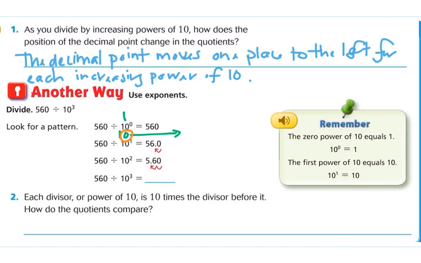Now, boys and girls, we go on to the next. The second power of 10 is like saying 10 times 10, which is 100. If you divide 560 by 100, there's 2 zeros, so you know that you're going to lose 2 decimal places, and you get 5 and 60 hundredths. Now, the third power of 10 is 1,000, because 10 times 10 times 10 is 1,000.